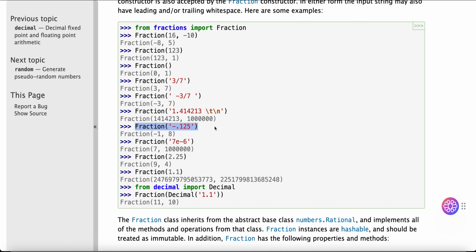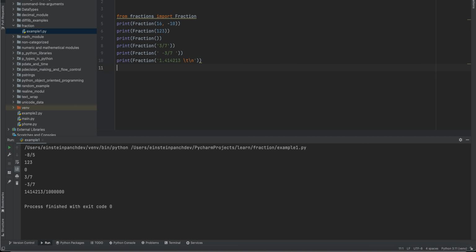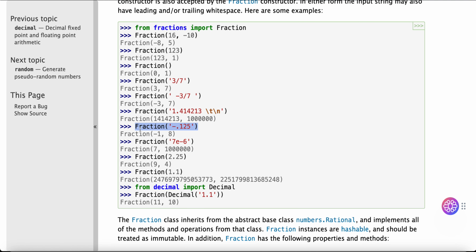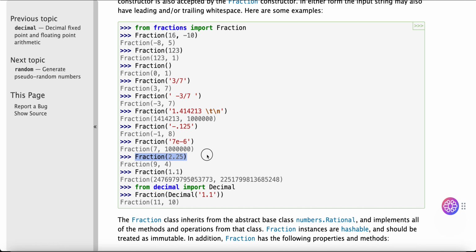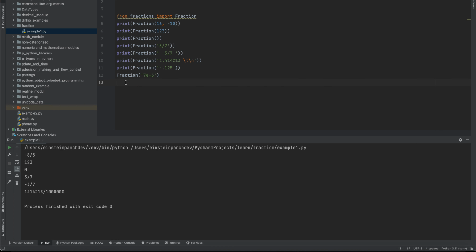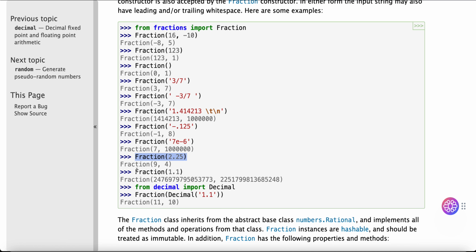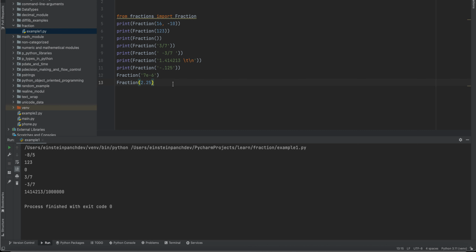Fraction minus 0.125. Fraction 7e-6. Fraction 2.25. Fraction 1.1.